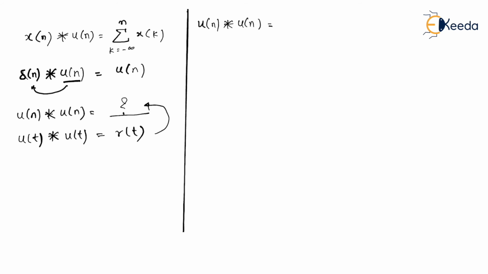So by standard formula, I can rewrite this. I'll treat this as x of n and I'll treat this as h of n, and I'm sure you remember the convolution formula: summation k equal to minus infinity to plus infinity u of k u of n minus k. Is that right? So I'm sure you remember how u of k signal looks like.